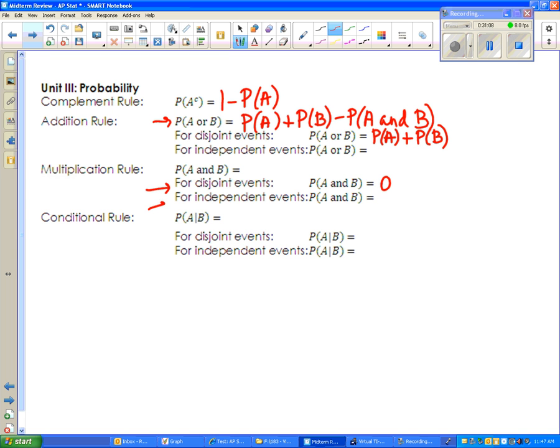For independent events, the probability of A and B is simply the probability of A times the probability of B. I have found that a lot of students are using this formula regardless of whether the events are independent.